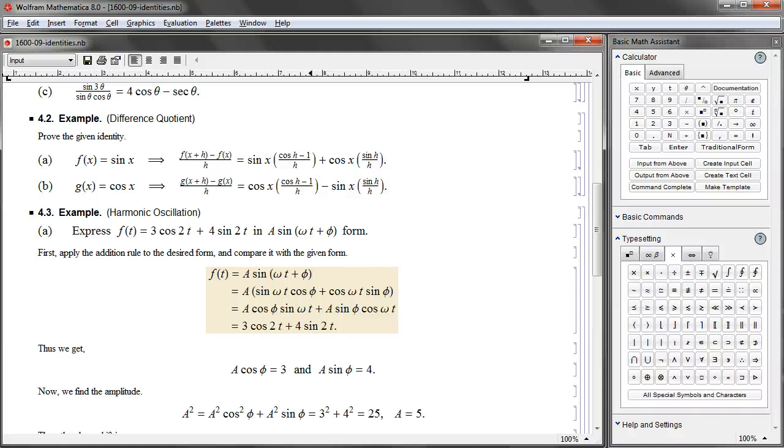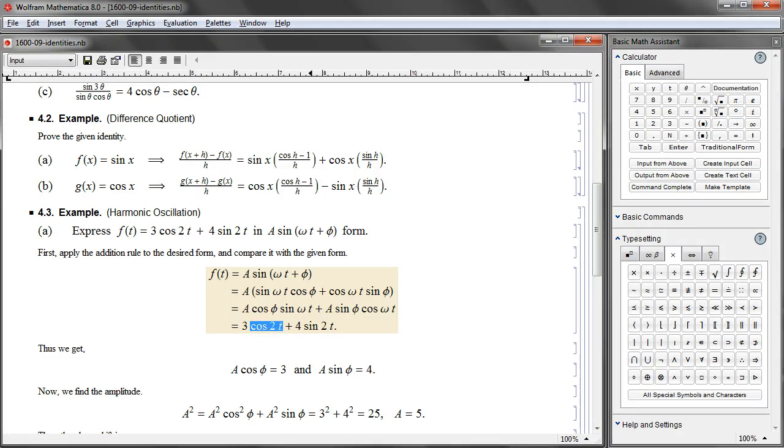And let's break out the parentheses and do some juggling. Then what do you get? A cosine of phi times sine of omega t, and A sine of phi times cosine of omega t. Let's combine that, and let's compare that with the first form, left hand side, 3 cosine of 2t plus 4 sine of 2t. Which is which?